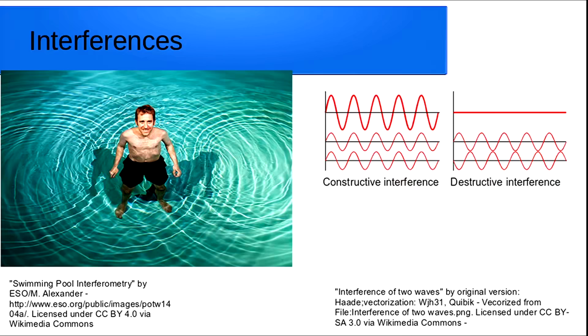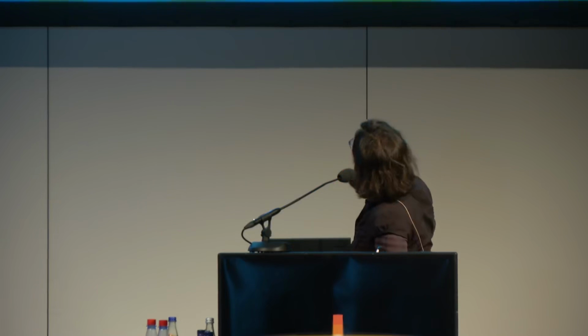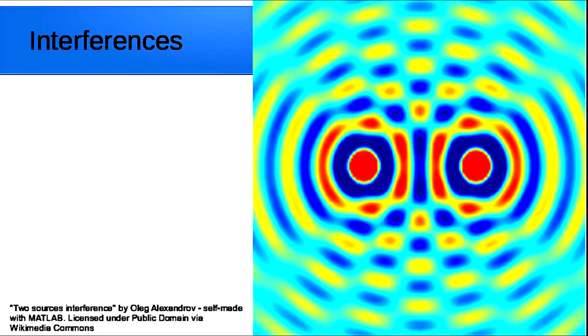So they cancel each other. And for anything in between, you also get some interference in between, which makes the resulting signal a bit smaller or bigger, depending. I also found this nice picture of two interfering waves coming from two points on Wikipedia, so you can take a deeper look.